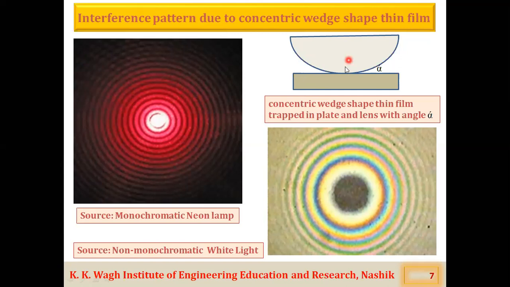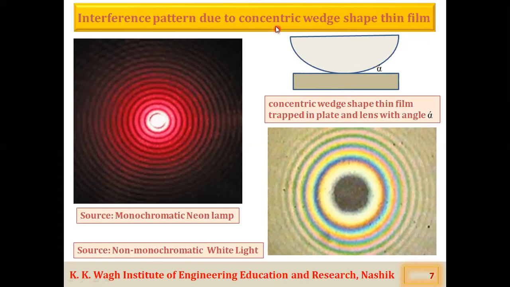When this plano-convex lens is kept, here is the point of contact. At the point of contact, the thickness of the thin film is zero, and moving away from it in all directions, the thickness goes on increasing. Hence such a thin layer whose thickness increases in all directions is called a concentric wedge-shaped thin film.